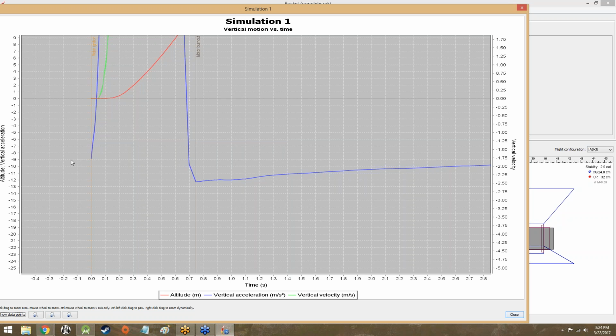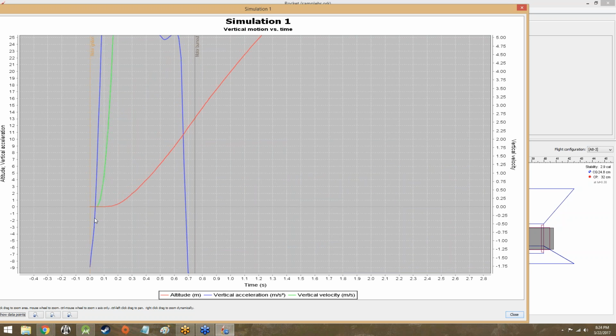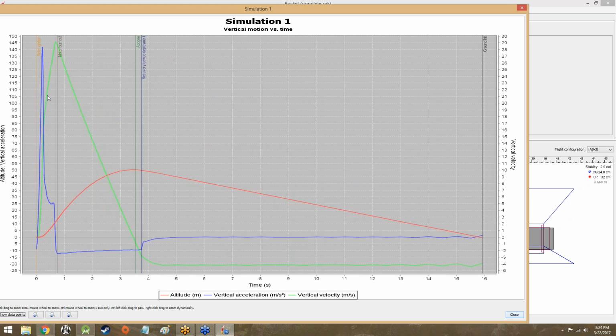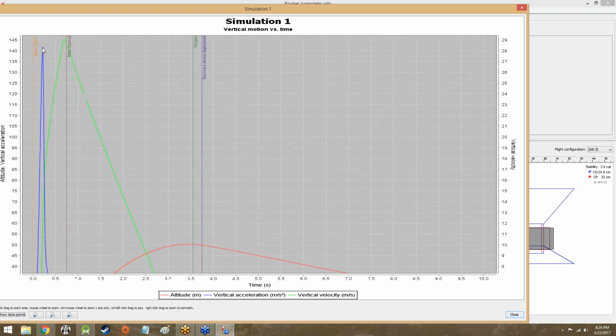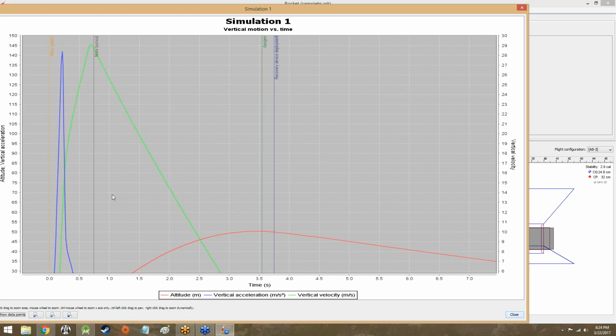But then ignition happens, so the motor starts to burn. As we can see, acceleration starts to go up dramatically, all the way up to about 142 meters per second.